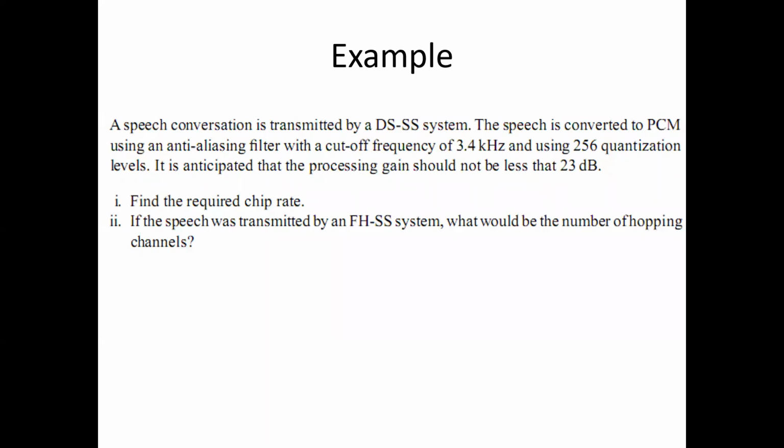The speech is converted to PCM. PCM means the signal is passed through an A to D converter, using an anti-aliasing filter with a cutoff frequency equal to 3.4 kilohertz. So the fc of the filter is 3.4 kilohertz. And using 256 quantization levels.